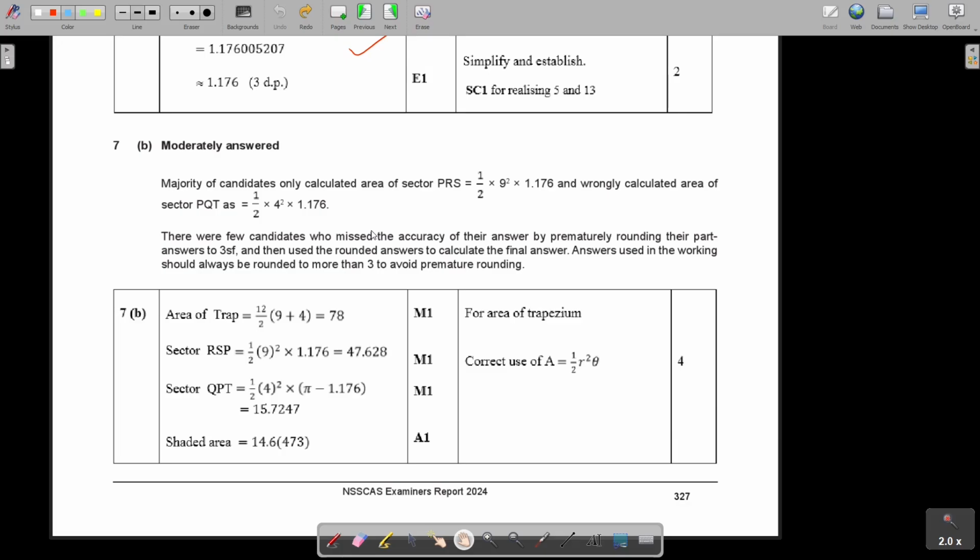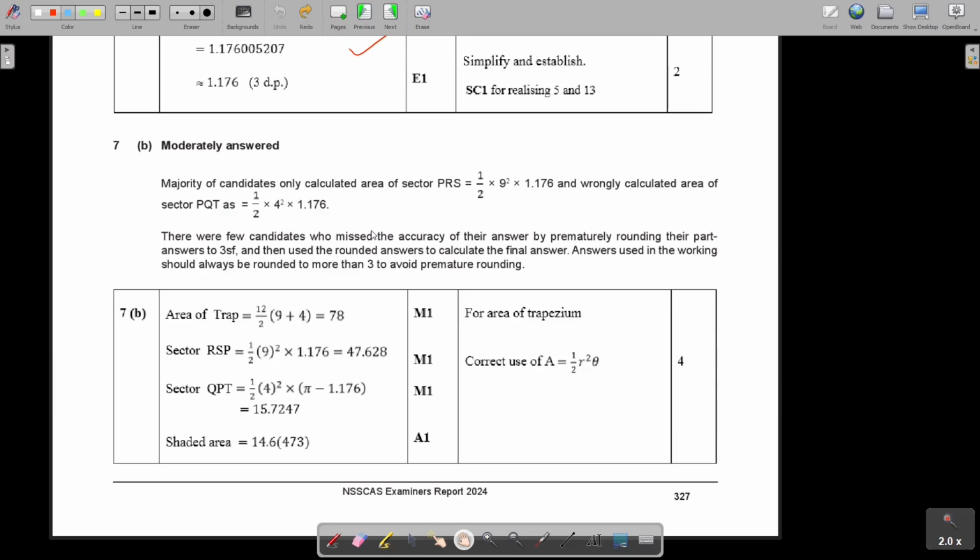Answers used in the working should always be rounded to more than 3 to avoid premature rounding. At least if you just do it to 4 or 5, I think you can be accurate, but best to just write it down.